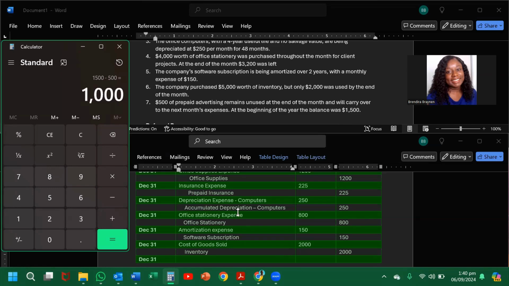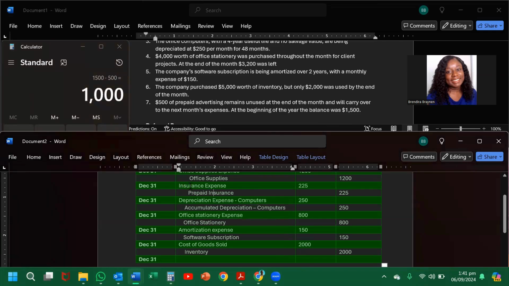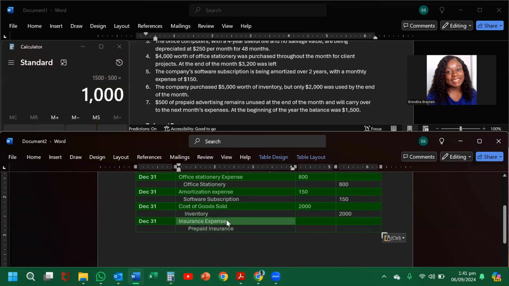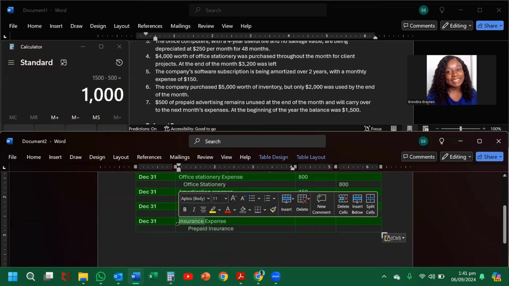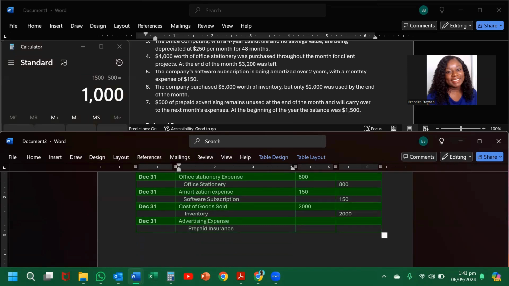And so similarly, with this example here, where we have insurance expense and prepaid insurance, what I'm going to do is just copy this down here. It's not insurance, but it's going to be advertising. And so advertising expense and prepaid advertising would be the two accounts that we use.